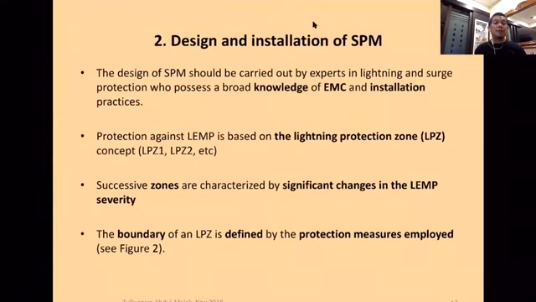For example, your equipment is already EMC protected, EMC compatible, because it has shielding on its own. But the wires you need to protect from the surges. So then you define the zone by the surge conduction only, and therefore at the boundary you put surge protective devices.